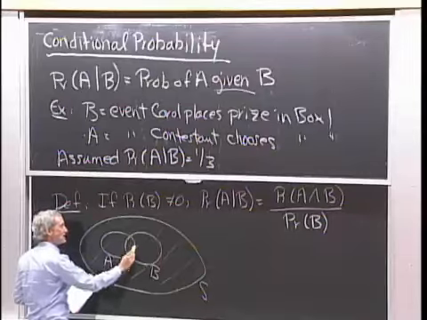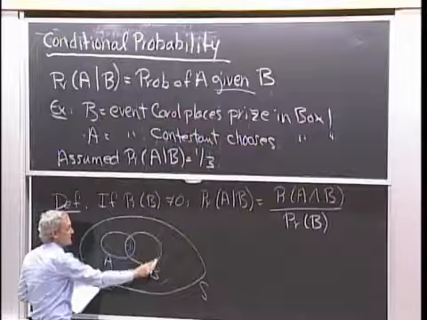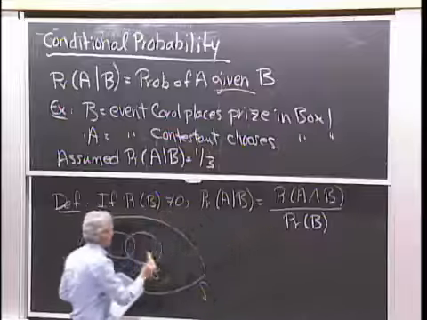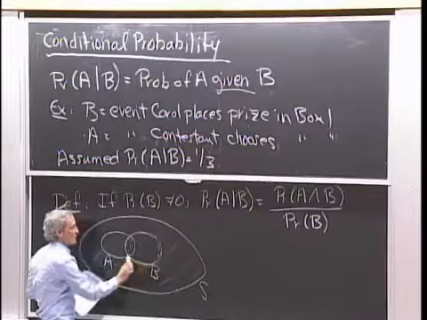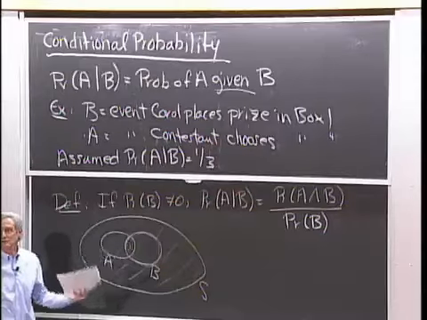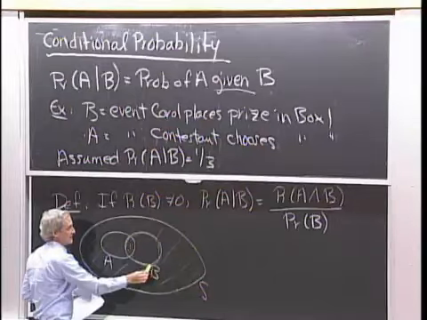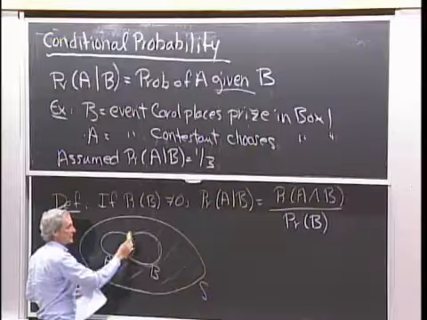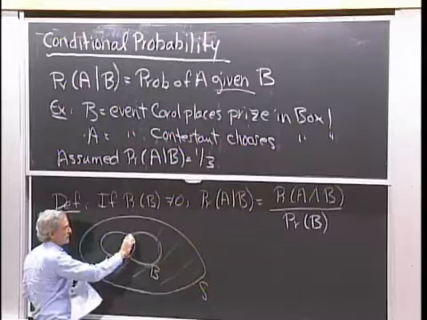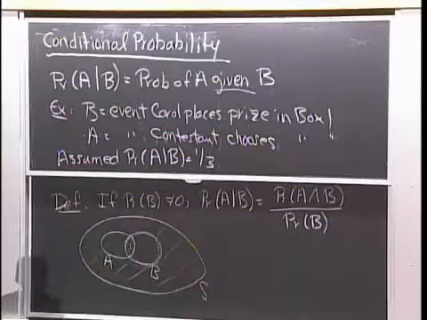Well, this is just A intersect B, because you still have to have A happen, but now you're inside of B. And then we divide by probability of B, so we normalize this to be probability 1, because we're saying B happened. We're conditioning on that. Therefore, the probability of these outcomes must be 1. So we divide by the probability of B. So we normalize. This now becomes the probability of A given B is this share of B, weighted by the outcomes.